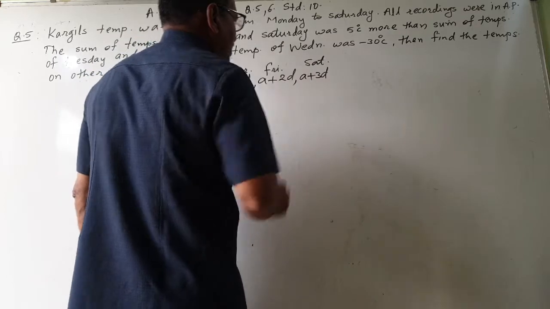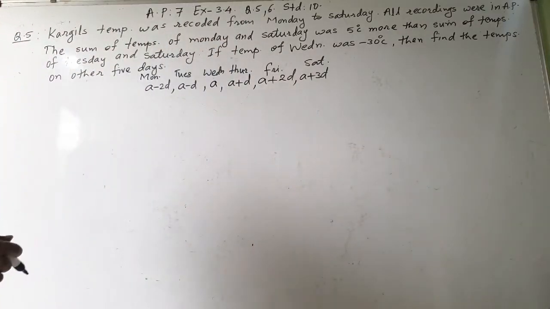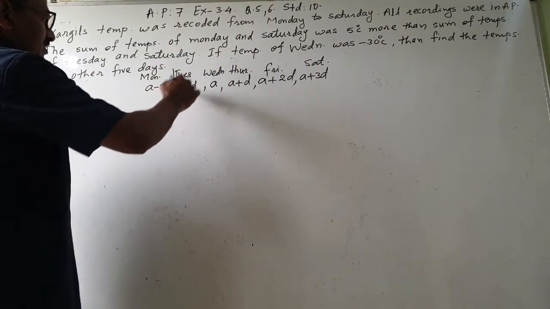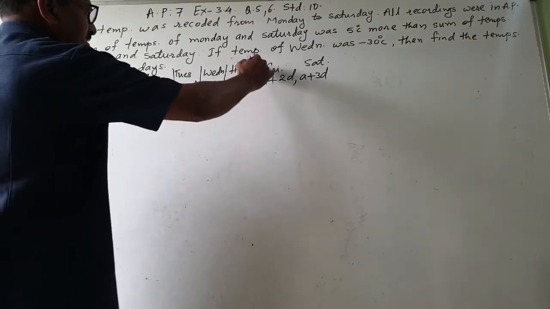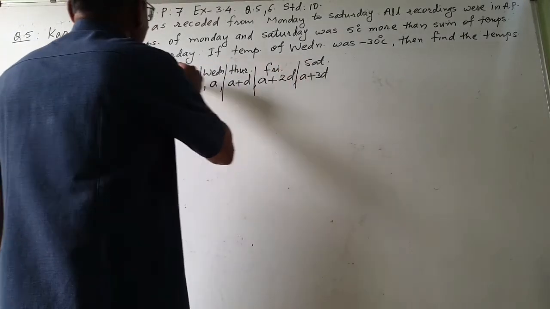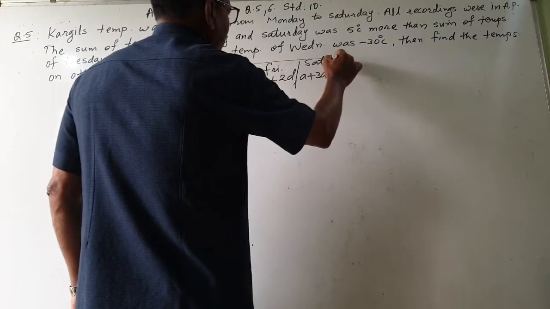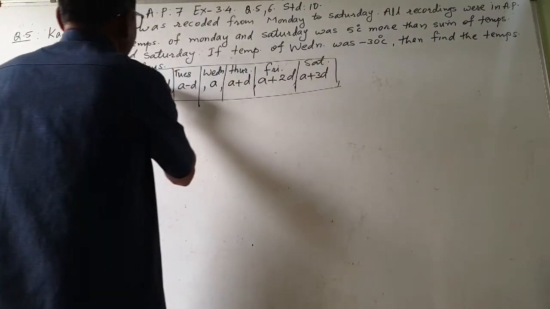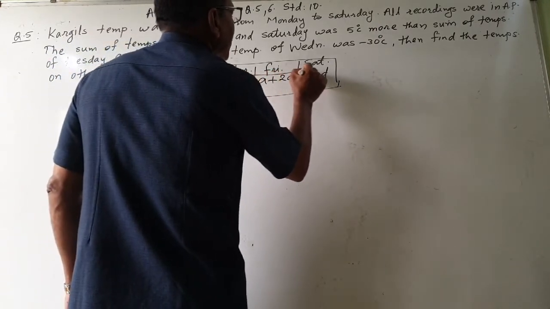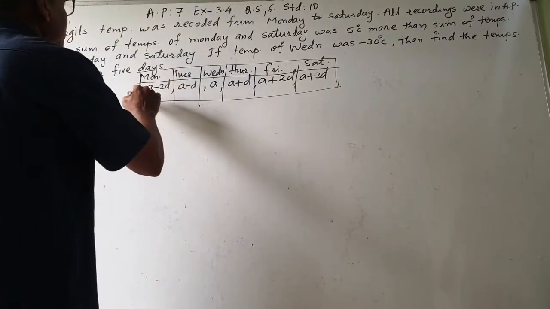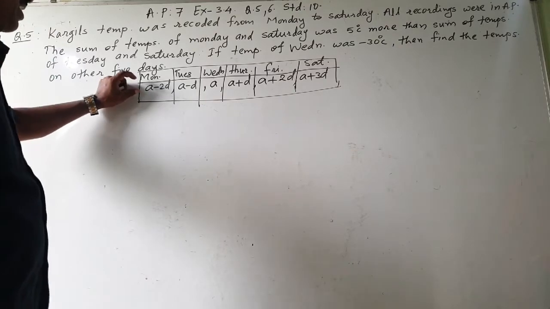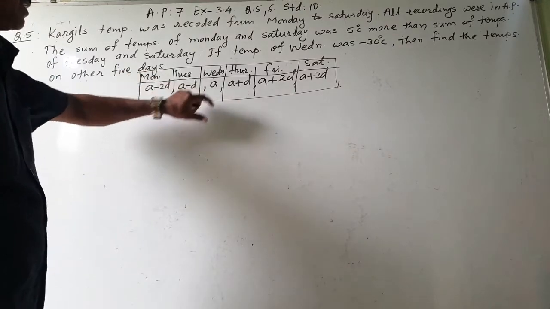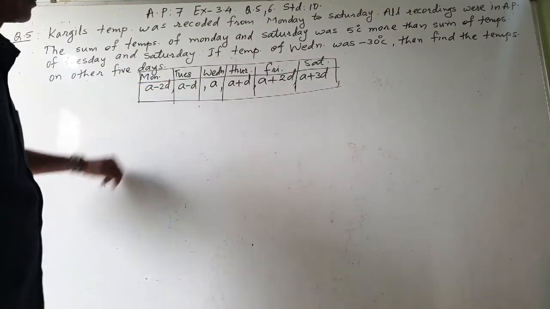In the examination, you will write like this. Let the temperatures be as follows. Like this, you will make this so that the examiner will come to know it very precisely. This way you will write. Or separately, let the temperature on Monday be A minus 2D, that way you will write.